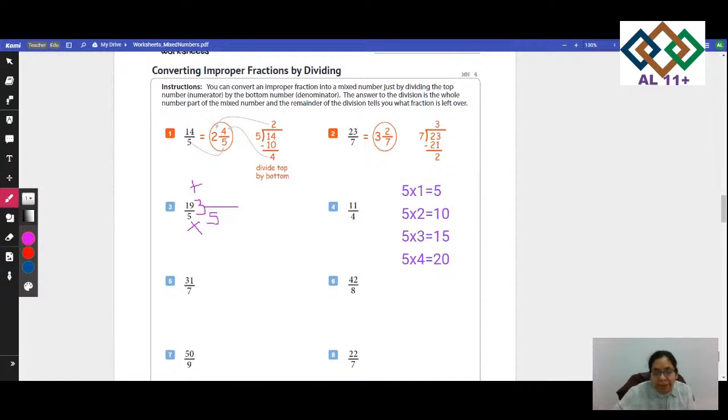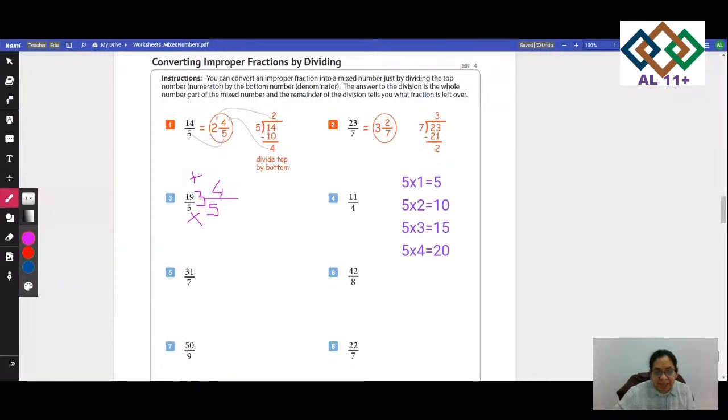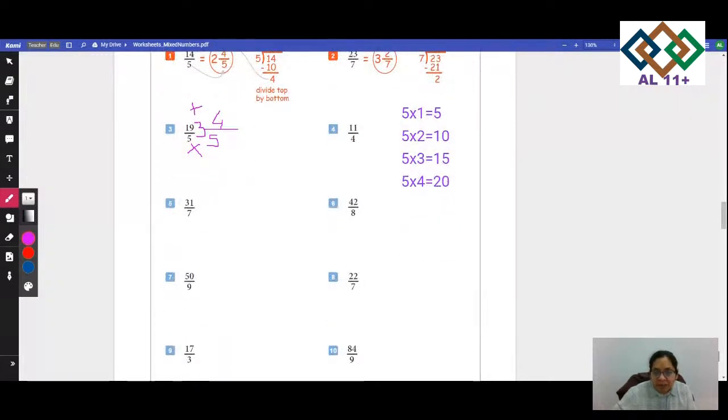So 3 multiplied by 5 is 15. What in 15 you will add to give you 19? That would be 4. 5 threes are 15. 15 plus 4 is 19. So that's your answer for this one.